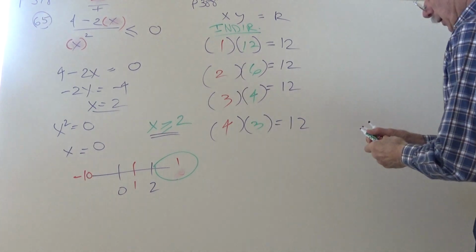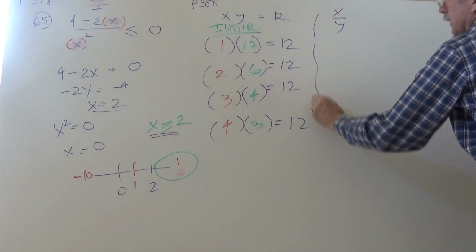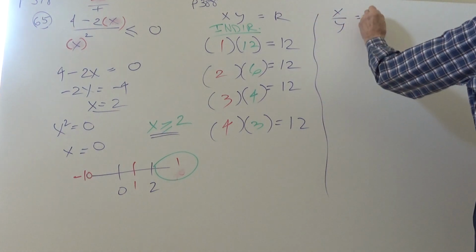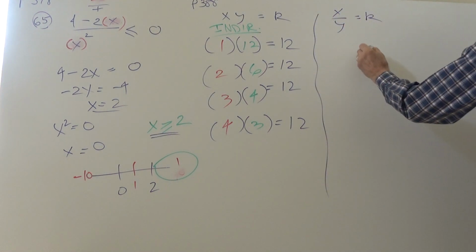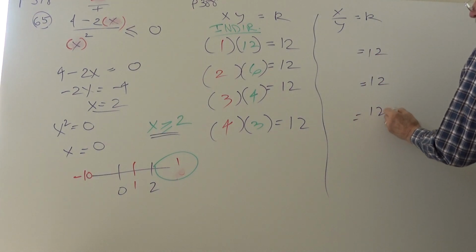Let's look at the other option for us. This is x over y equals k. We'll try the same thing, again using 12 because 12 is a nice easy number to play with. We'll just try a few examples on this one.